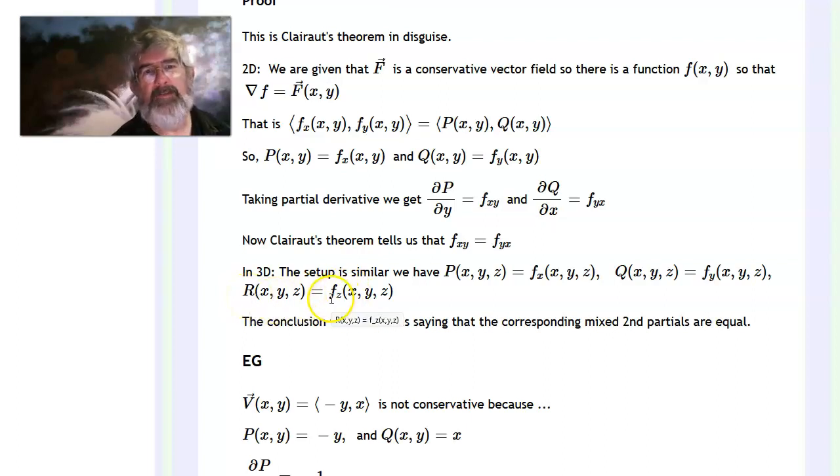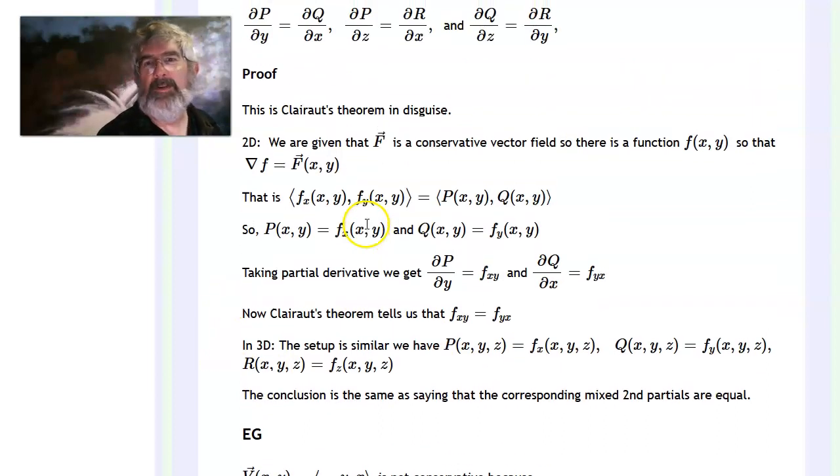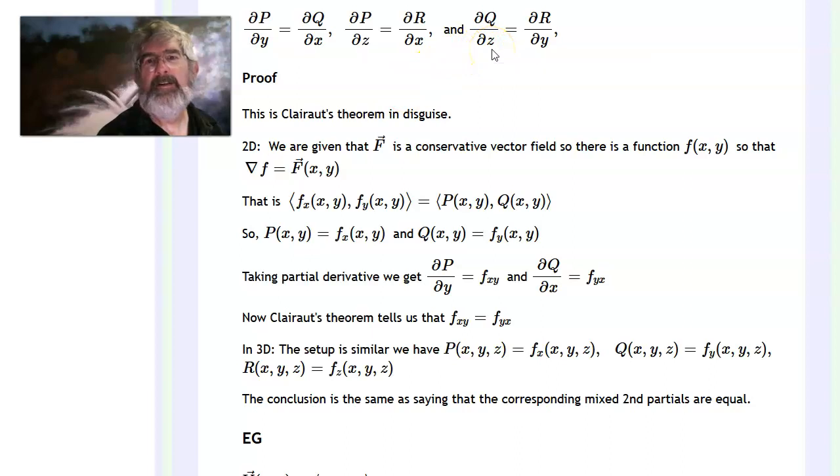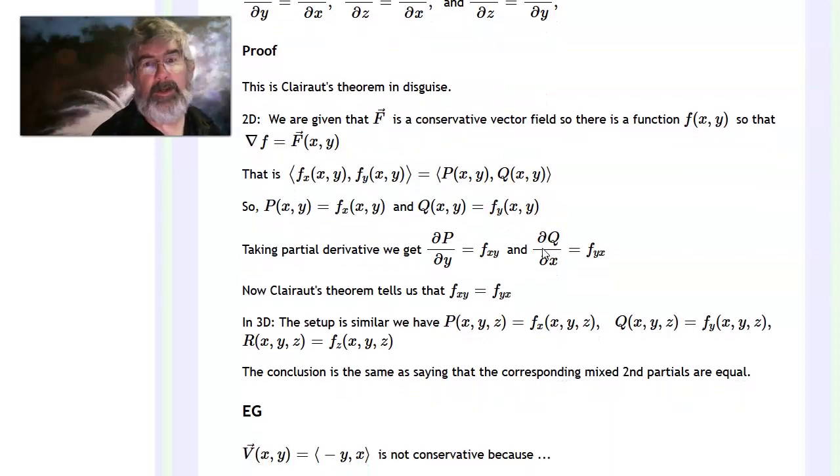And here, this would be f sub zx. So f sub zx equals f sub xz. So the partial of P with respect to z should equal the partial of R with respect to x, which was this one right here, right? And likewise, you just do those appropriate partial derivatives to get those equal to each other. And it all comes down to Clairaut's theorem.